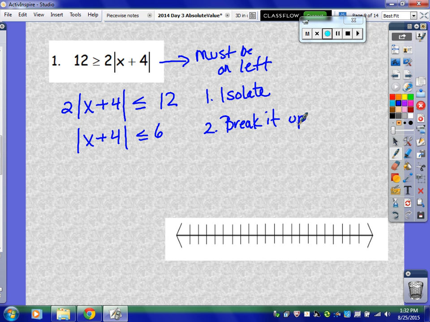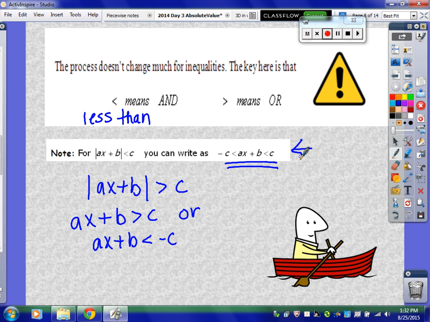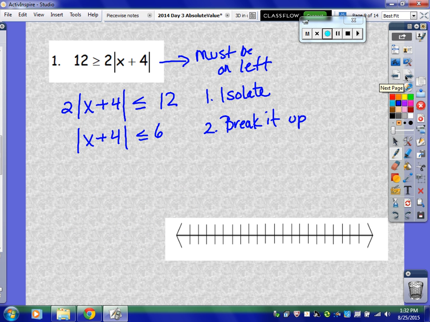It's a less than, so it's an and. Now I'm saving you some time here. Instead of breaking into two inequalities, I'm going to remember that an and gets sandwiched in between, sandwich has the word and in it, between our negative value and our positive value. It's going to save me some trouble later on.